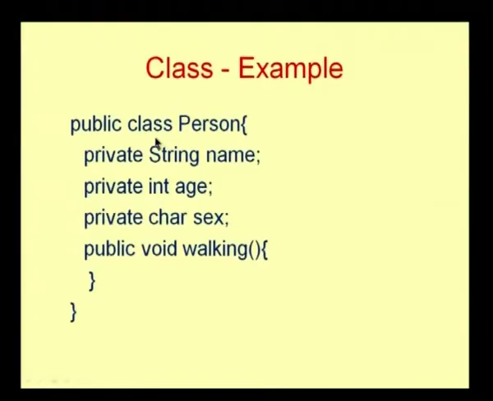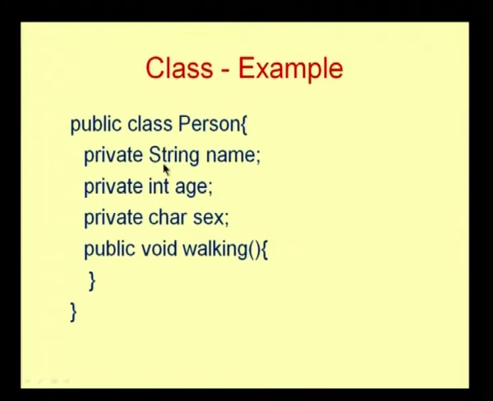Here is an example: public class, and I have given Person here. Private is the access specifier that we have seen already. String is a data type and name is the variable name. Here you can notice that String starts with an uppercase S, which means it is a class.